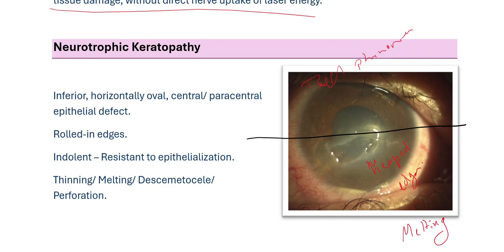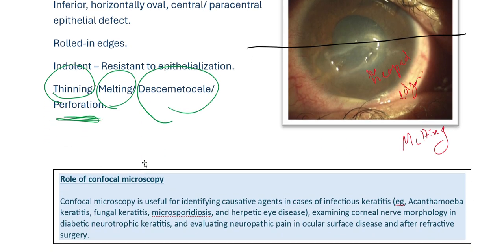Afterwards, it might show thinning, melting, descemetocele, and eventually perforation. If it's perforated, it would need cyanoacrylate glue or something to treat this perforation, but this is not the scope at the moment.